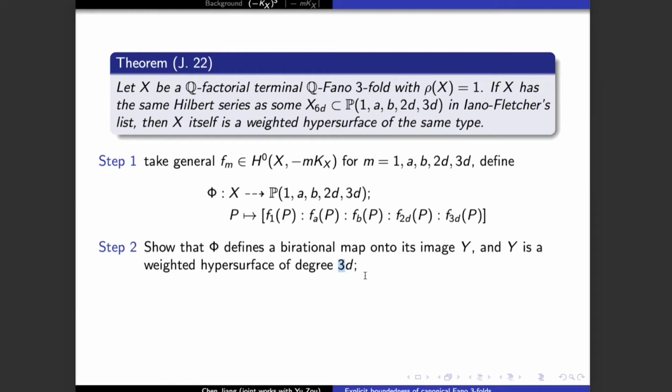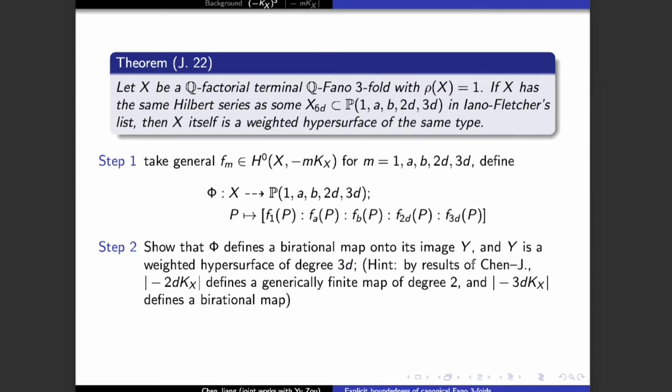Okay, so here you may wonder why this is true, and I can give you some hint. By a result of Chen and myself in 2016, we can show that this linear system, minus 2dKX, defines a generic finite map of degree 2, and this minus 3dKX defines a birational map.